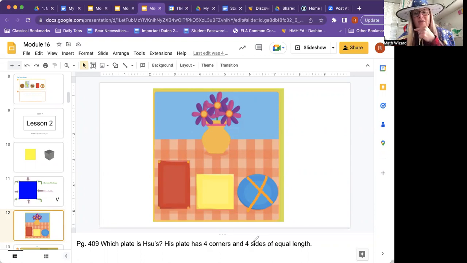Does it also have 4 sides of equal length? Well, this side seems longer than this side, right? So they're not equal sides. So we almost had it. Now let's look at this one. It has 1, 2, 3, 4 corners or 4 vertices, and the sides look equal in length. So I think this one is his plate. What do you think?